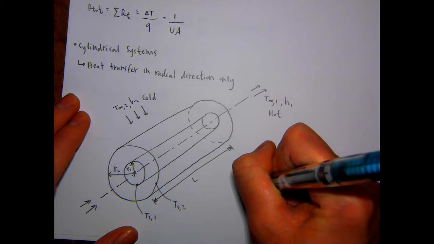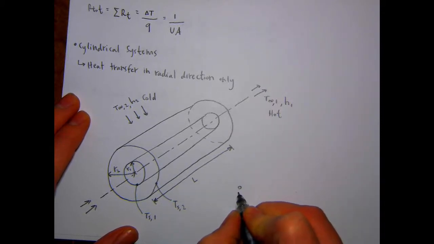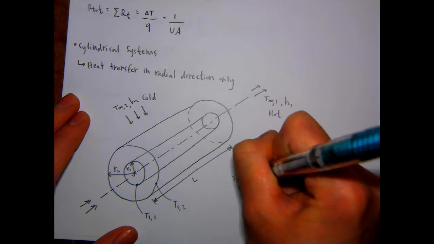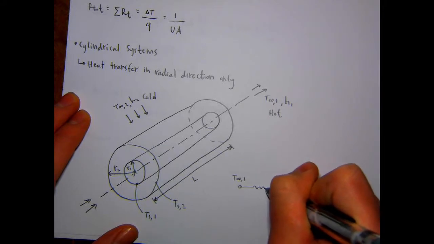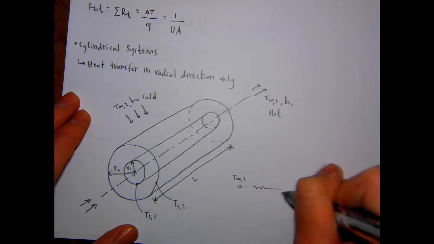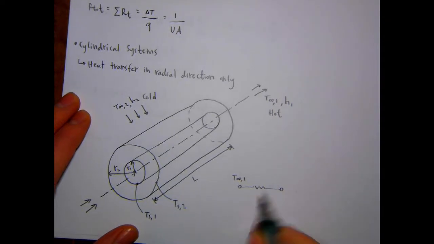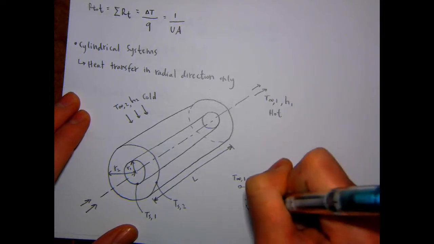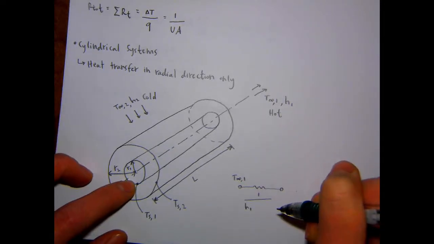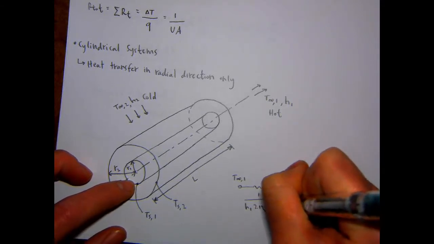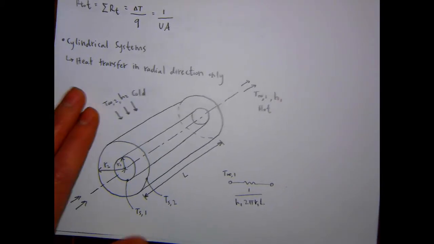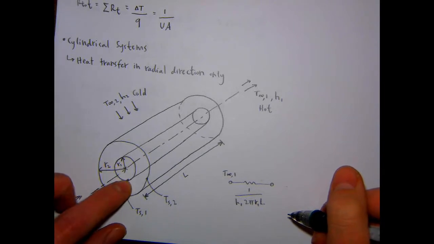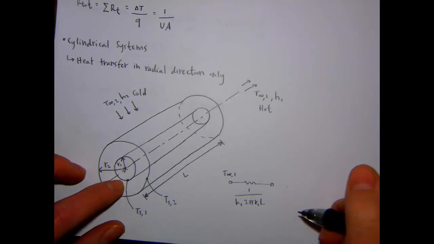So we'll start at the inner node, which is the first ambient fluid temperature, T infinity 1. And then we have some heat transfer going on, in this case via convection. And so the thermal resistance for convection is 1 over hA, so 1 over h1 times 2 pi R1 L. And then we come out and we hit this surface, which has a temperature of Ts1.